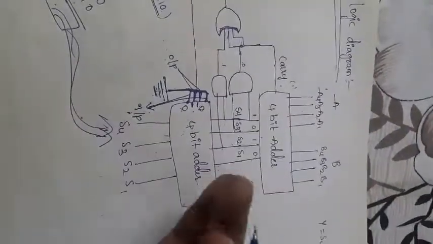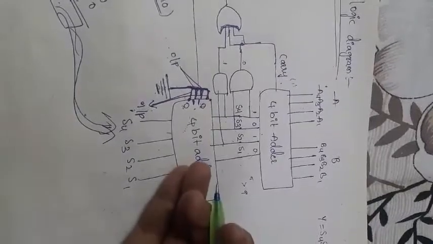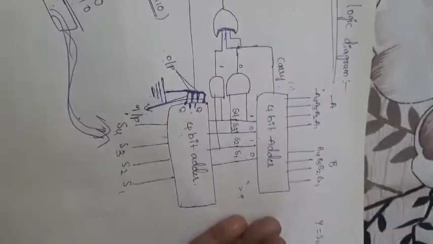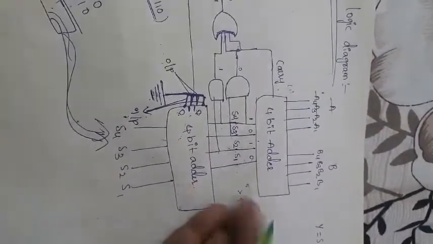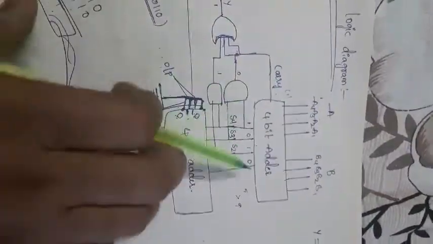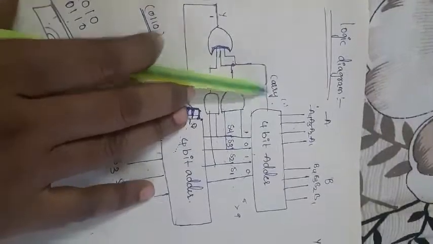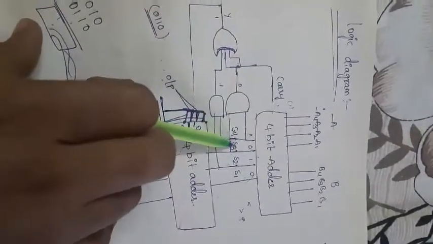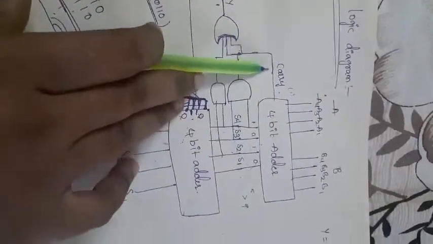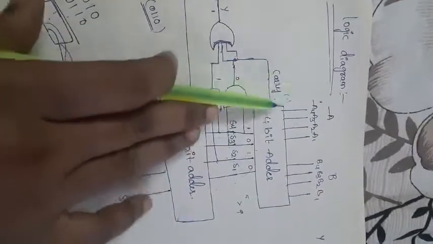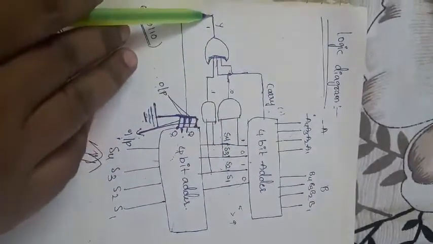If the number is less than 9 and maybe a carry is generated, that is another logic. In that case the carry is directly represented here.